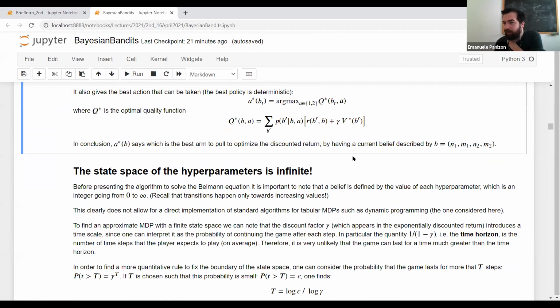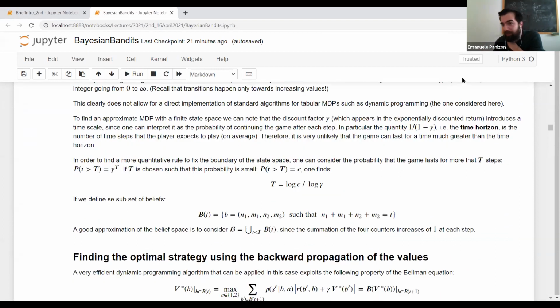Unfortunately, these 4 integer numbers can go to infinity. So there is no way to make a proper tabular description of the problem, because I would need an infinite matrix. But this, in a sense, from now on, is not a problem of the fact that we are in a pure MDP.